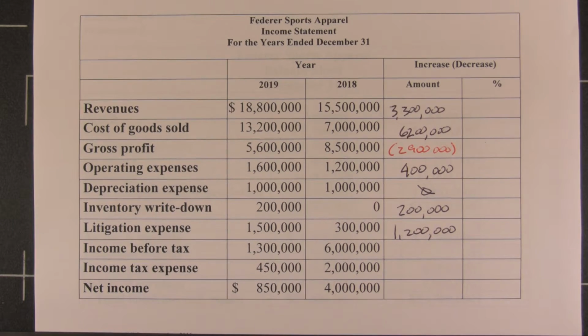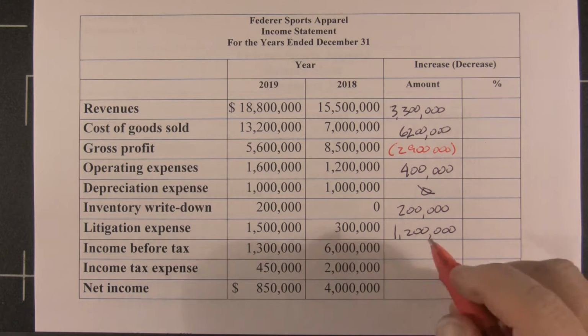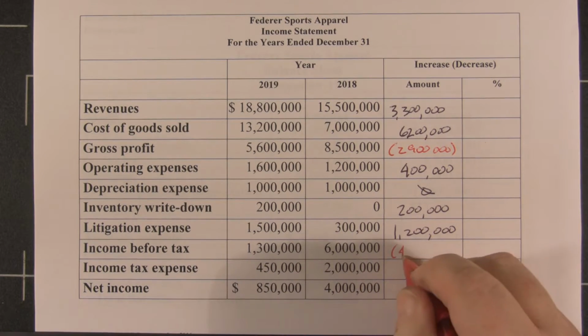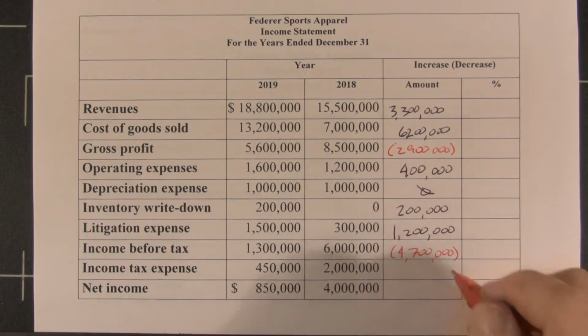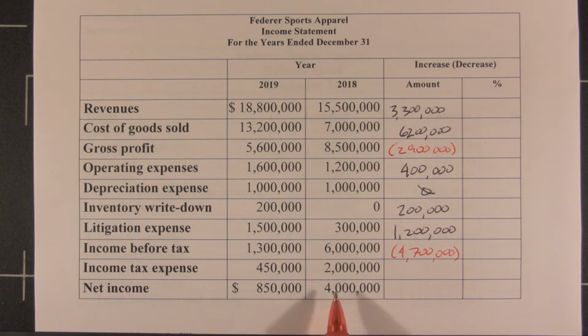Our income before tax last year was 6 million. This year it was 1.3 million. It went down 4,700,000. Our income tax expense was 2 million. This year it's 450,000.